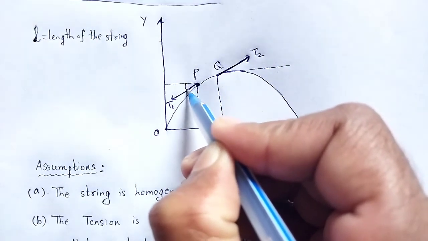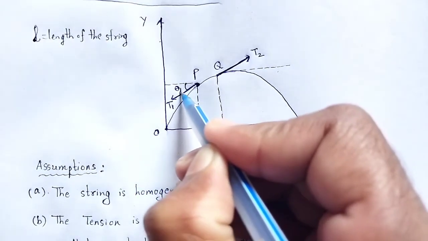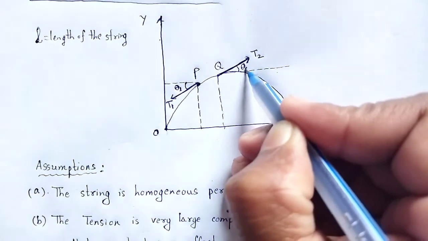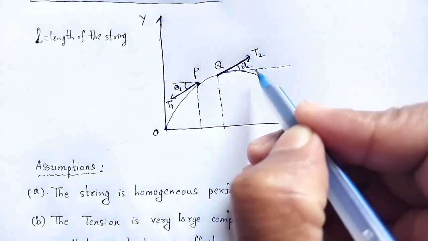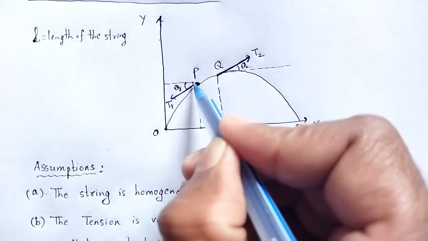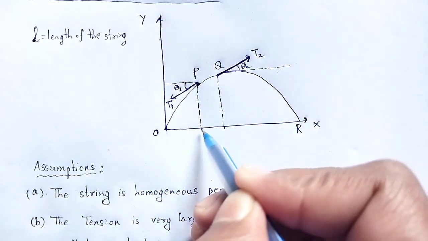This angle let us take as theta 1, and that angle theta 2. For T1, this is the horizontal component and that is the vertical component.